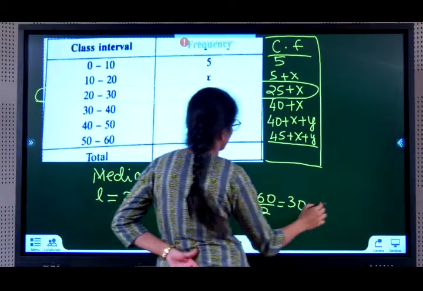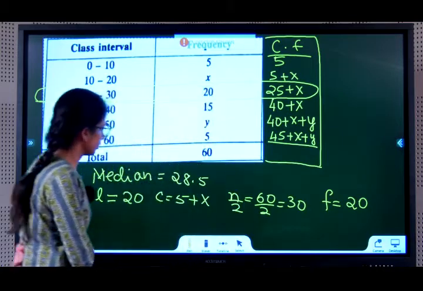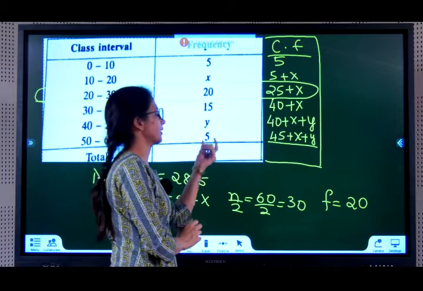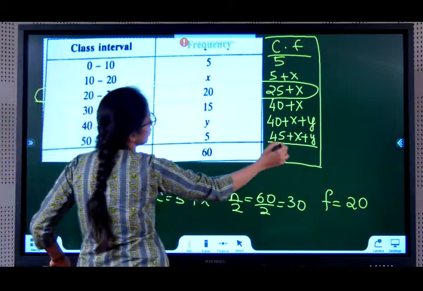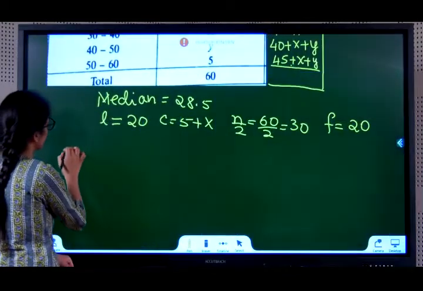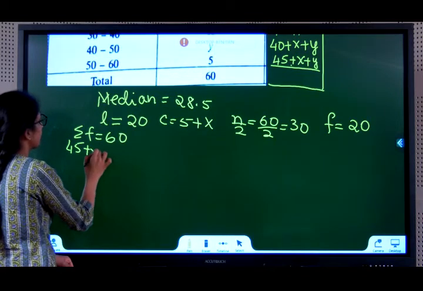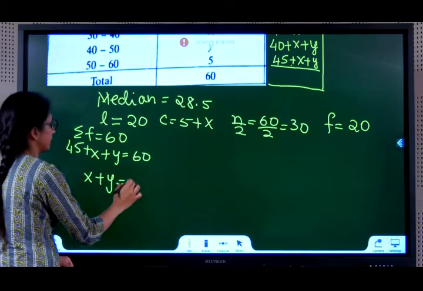Next f, frequency of that class, which is 20. And we also know summation f is nothing but 60. What is summation f? If you add all this, you will get nothing but 45 plus x plus y. So first equation that we get here is 45 plus x plus y is 60, or x plus y is 15.